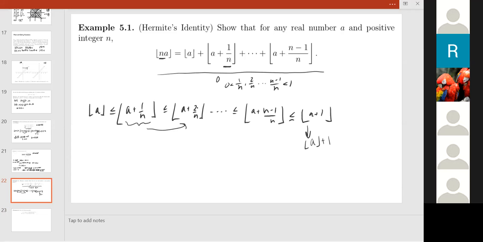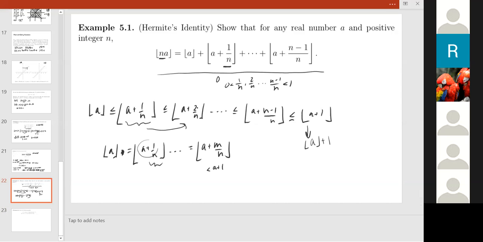So then we have that there exists an integer m such that this is equal to a. So basically at some point, this term is going to cause this expression to spill over to a plus 1. So m over n is the greatest m such that this is still less than a plus 1.